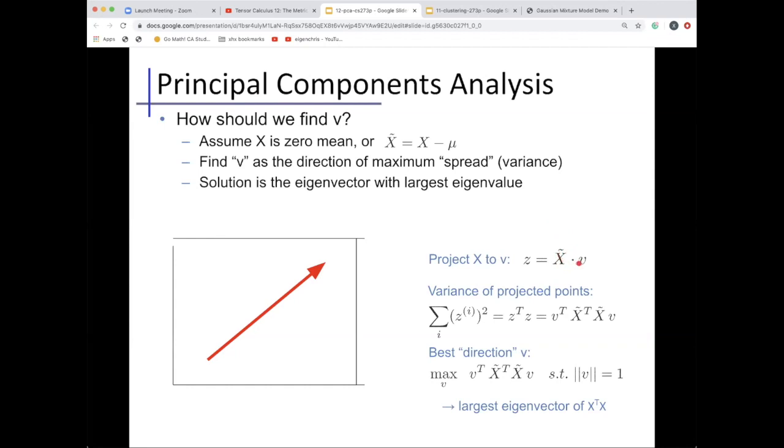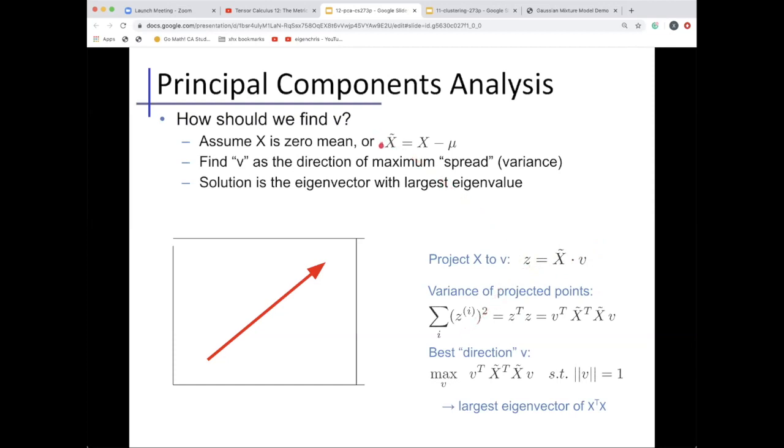When you do X times V, that projects each one of the rows, each data sample, along the V direction. You can think of this as the coordinate of each data sample along this V direction. That's Z here. So Z will be a vector. Now I'm going to measure the variance of the projected points. And how to measure variance?